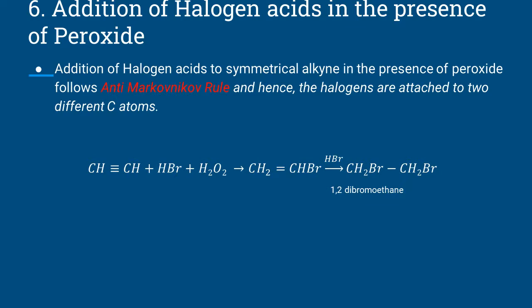So to explain it clearly, if we talk about acetylene, it adds to HBr and hydrogen peroxide to form a vinyl bromide. Now your anti-Markovnikov rule applies here. So Br minus, which is negative, will go into a carbon which is having more number of hydrogen atoms. So CH2 will get the Br and CHBr will get the H. So the resulting product will be 1,2-dibromoethane.